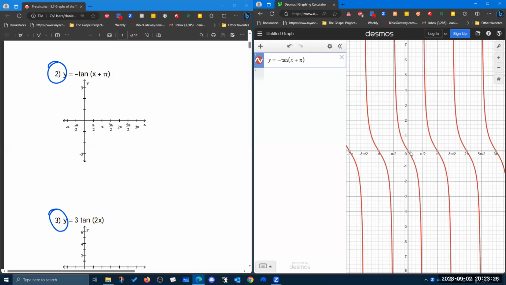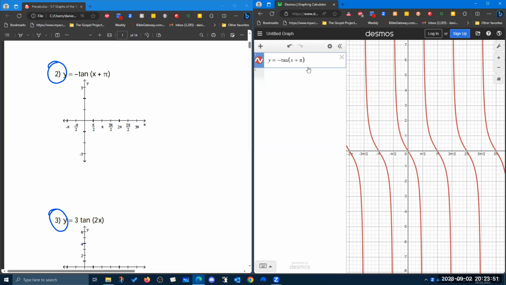There's our zeros at 0 and pi and 2 pi for this graph. It's a decreasing function. It still has its asymptotes at negative pi over 2 and pi over 2 because it shifted a whole period. So really, this plus pi didn't do anything because it's a period. It would be the same thing.